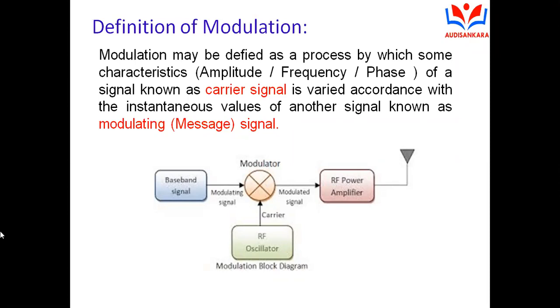Whenever I am asking about amplitude modulation, then you mention the word amplitude. Whenever I am asking about frequency modulation, you mention frequency. Whenever I am asking about phase, you mention phase. I am asking only for the definition of the modulation. How many times am I telling you?